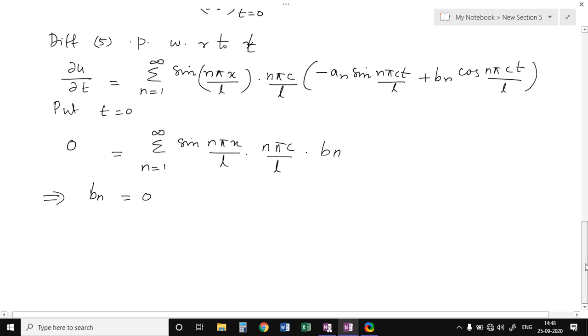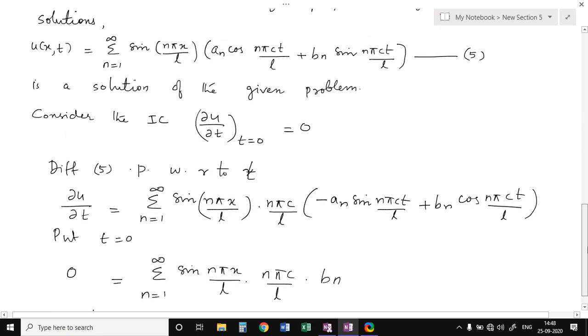So we got one coefficient in our solution given by fifth equation. Here in the fifth equation we can put bn equal to 0, so that we will get only one term in this one.